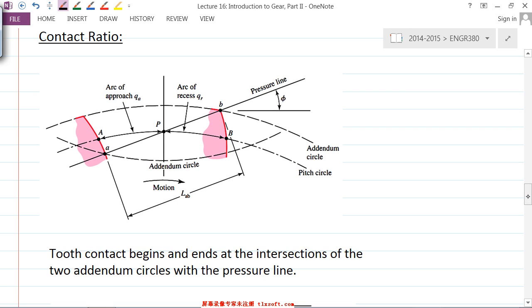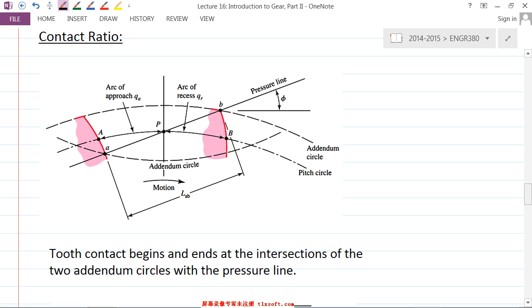So the question here is this: if you have a pinion trying to push the gear, where is the starting engagement point? Where is the starting point for the pinion to engage the gear? And where is the location for the pinion to depart from the gear? You see what I'm saying? So basically, you have a tooth here from the pinion.